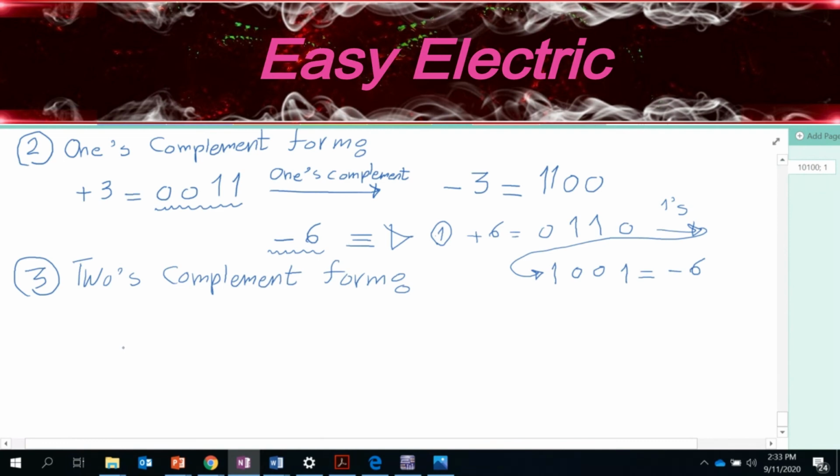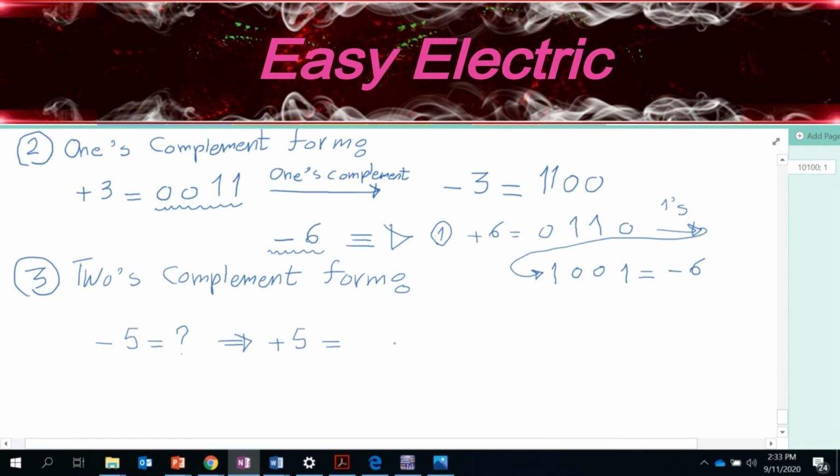So suppose each number is shown with 4 digits, and I want to represent -5 with this method, okay. So the first thing is to find the +5.